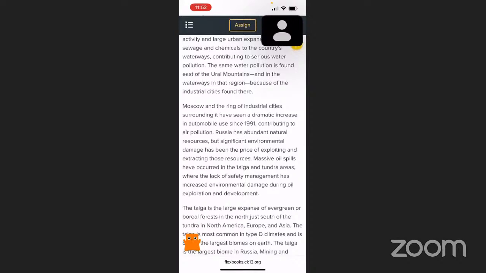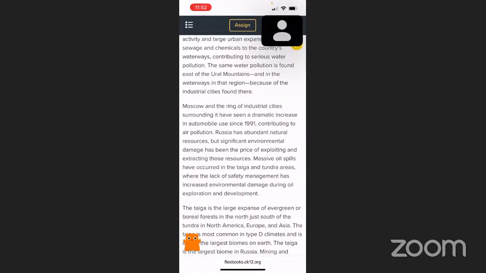Moscow and the ring of industrial cities surrounding it have seen a dramatic increase in automobile use since 1991, contributing to air pollution.